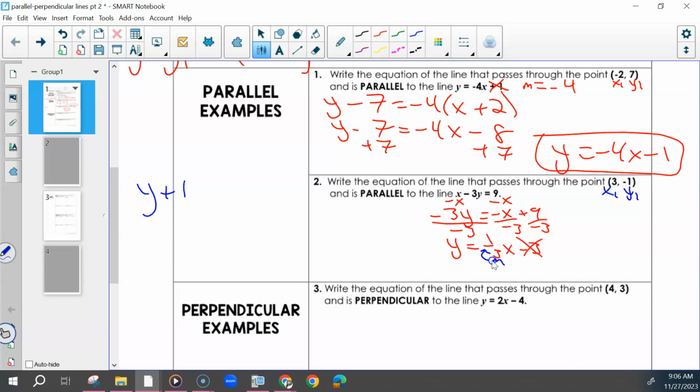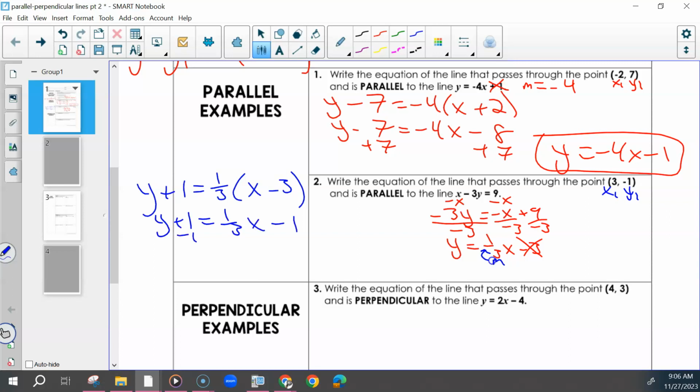If you want to put minus minus, you can. Equals 1/3 times x minus 3. Distribute, so we have y plus 1 equals 1/3 x minus 1.